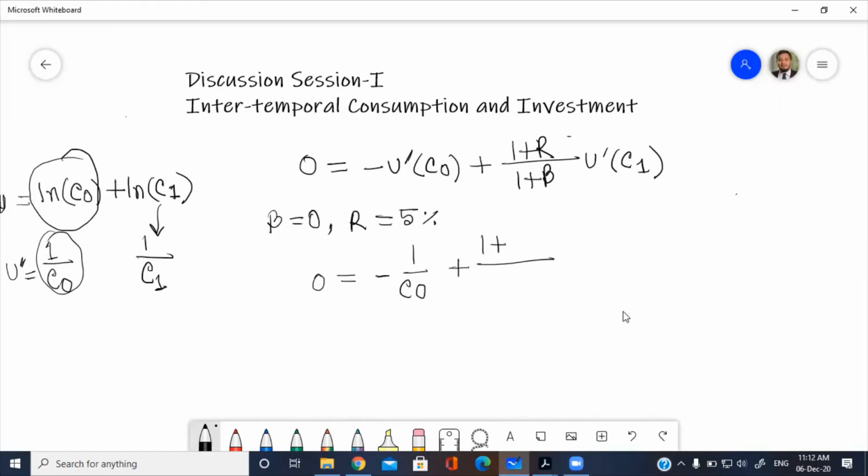Then 1 plus r. You have recognized that beta is not present here, that's why we are thinking of 0 here. Similarly for this, we can write 1 by C1. So from this, by some rearranging, you will get C1 equals C naught into 1 plus r.